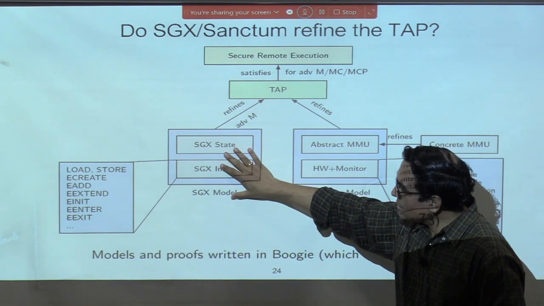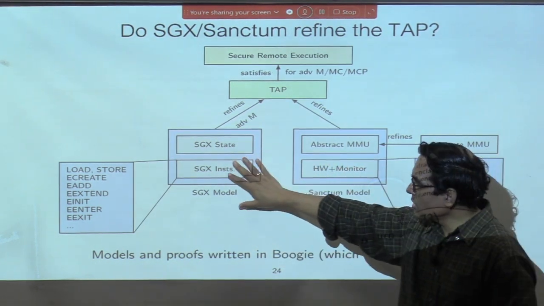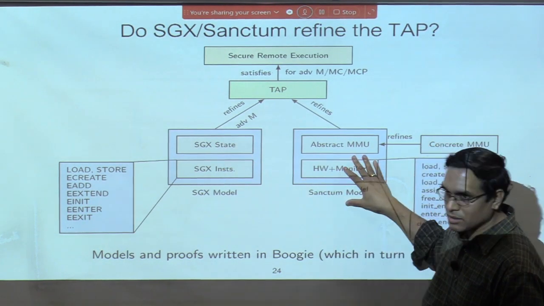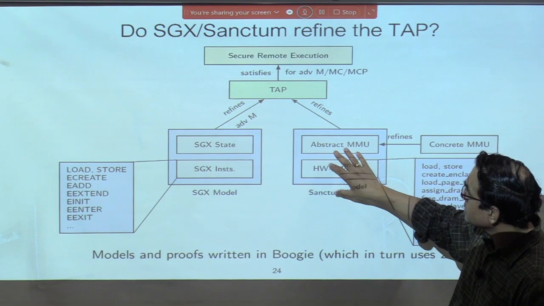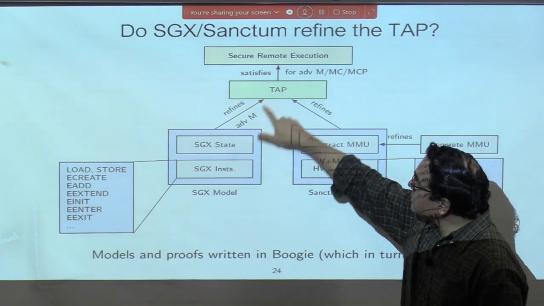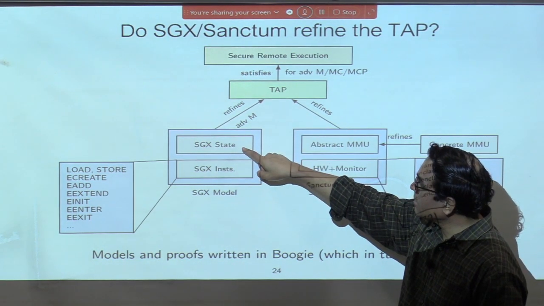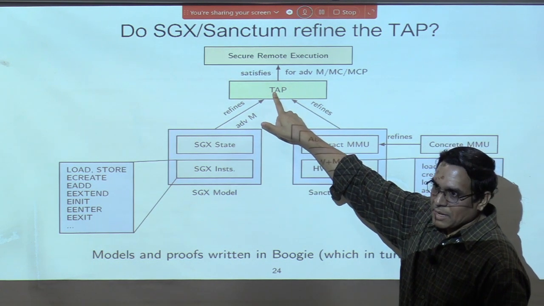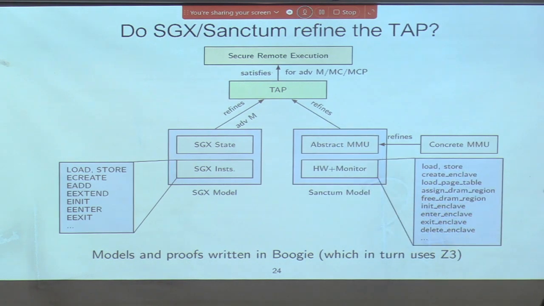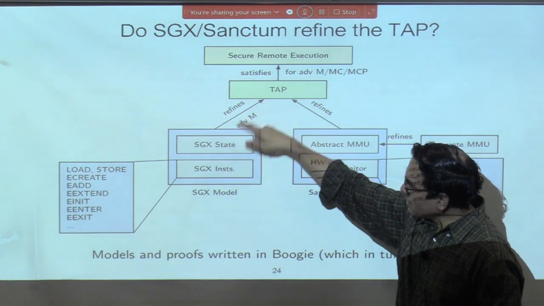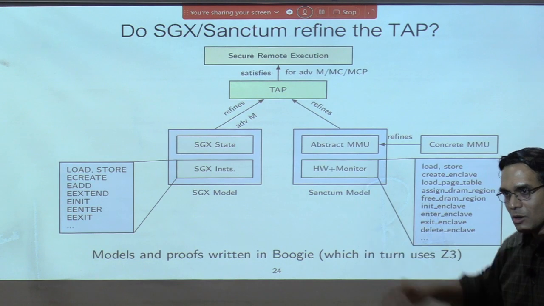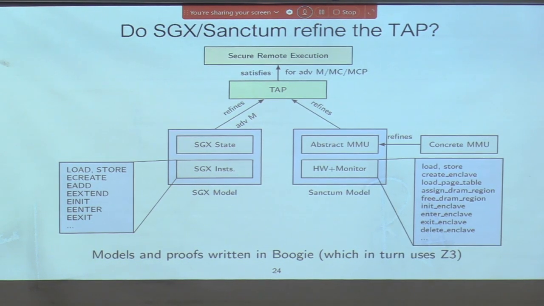Back in 2017 these were models that we also created by hand, looking at the detailed specification of SGX and the specification, the code, of Sanctum in our case, and then these are refinement proofs. We're basically trying to check that every transition of this can be mimicked by the TAP model, and vice versa. So these refinement checks are the connections to the specific platform implementations, although back then these were also models of SGX and Sanctum respectively.